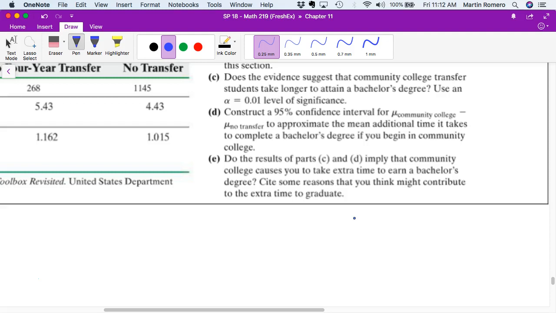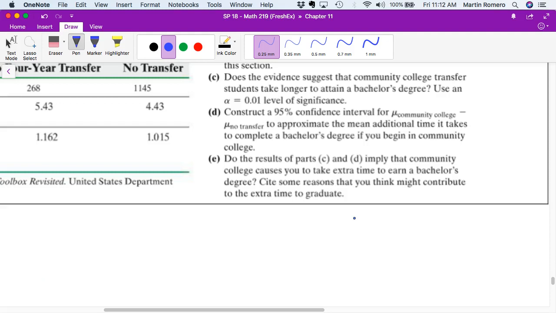And so again, because of our level of confidence, what can we conclude there? We run the test, we did a confidence interval. Do the results of C and D imply that community college causes you to take extra time? I would say no, the results do not imply that community college causes you to take extra time.